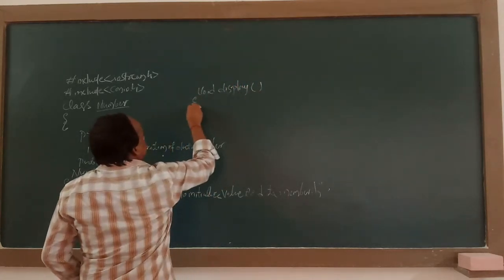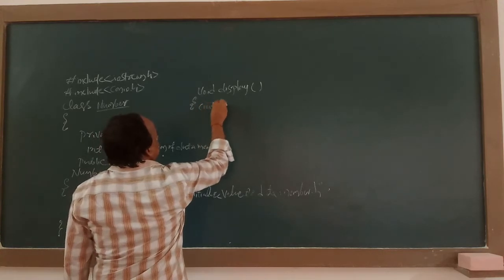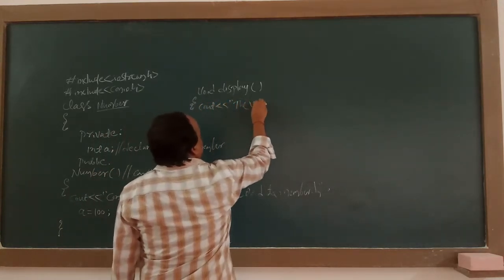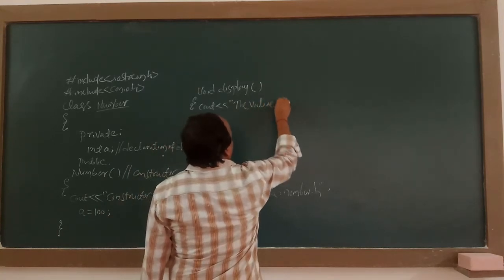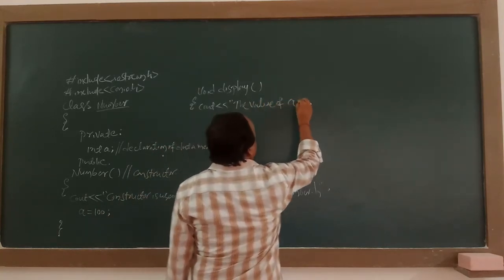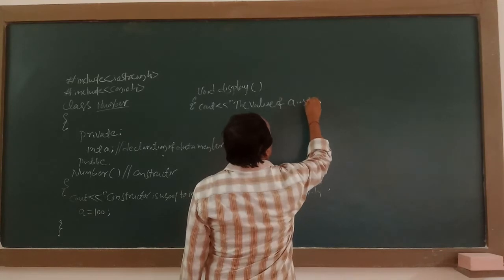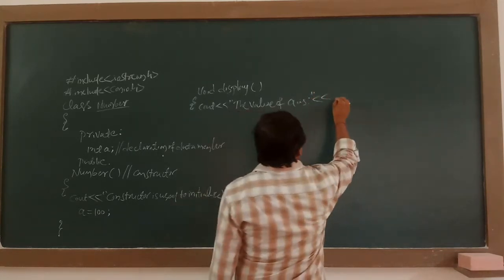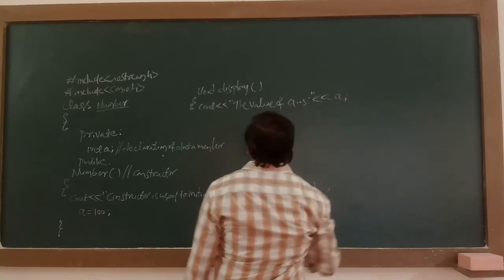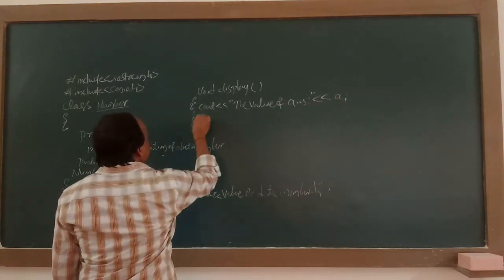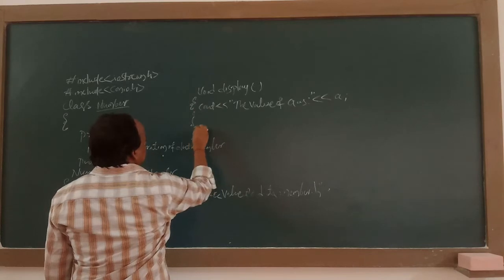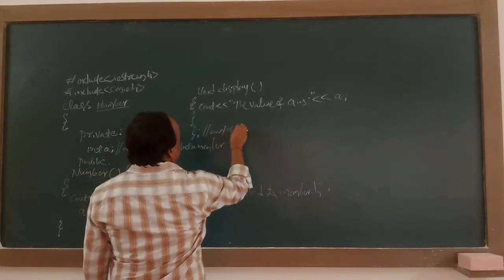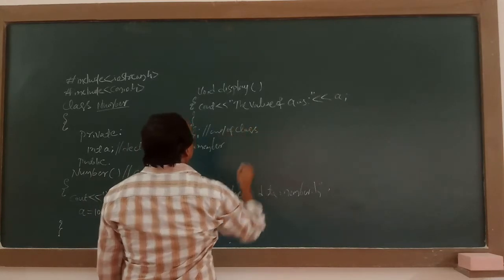In this display function, write one cout statement, cout the value of a is a. Close this function and close this class. End of class declaration, right.